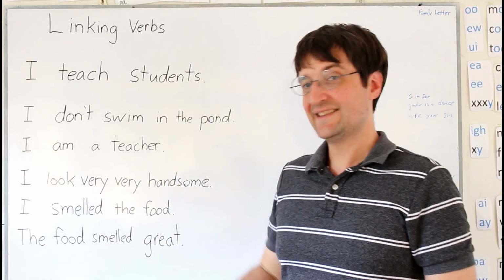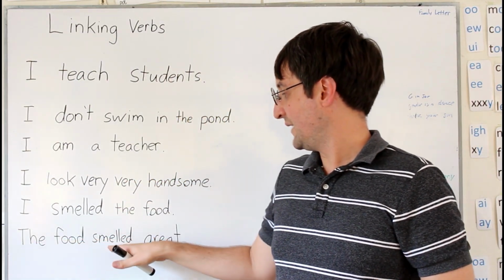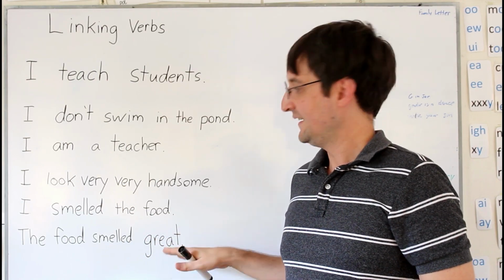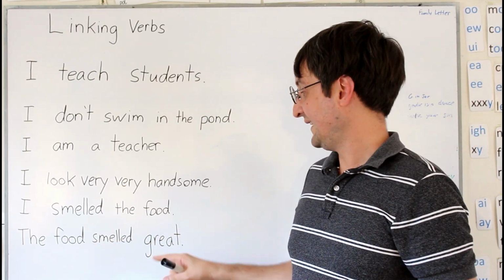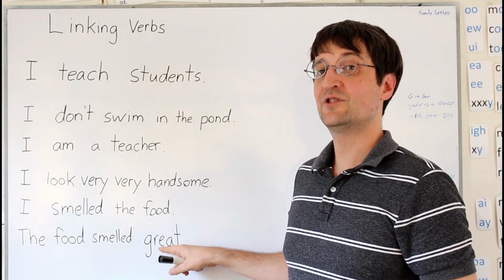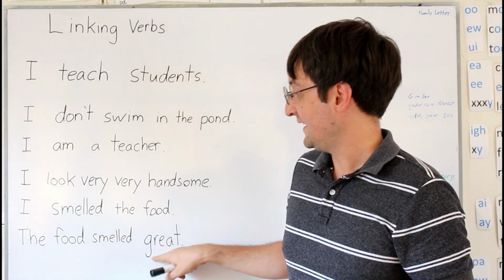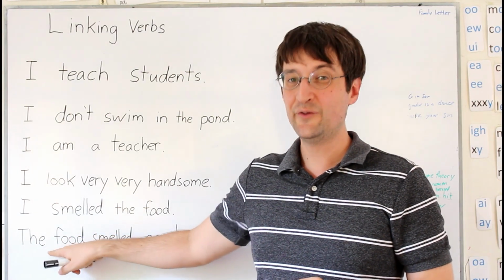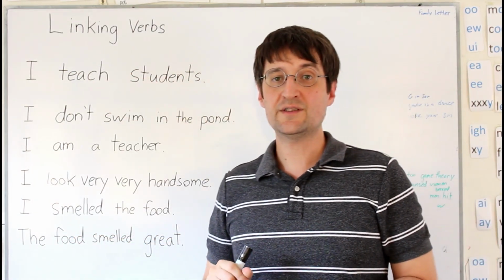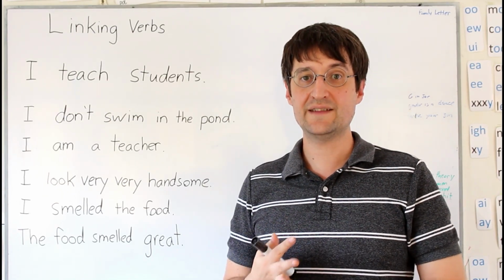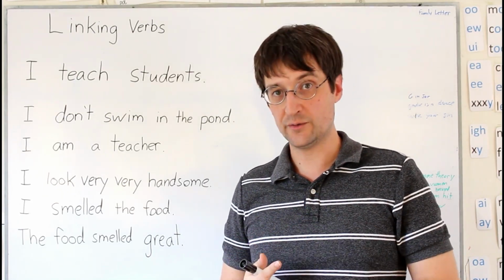But in the next example, the food smelled great. Here, smelled is a linking verb, and it links the complement here, which is the adjective great. It talks about the food. So here's an example of the difference between transitive, intransitive, and linking verbs.